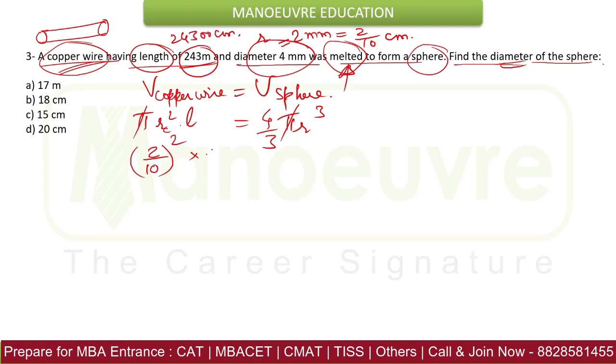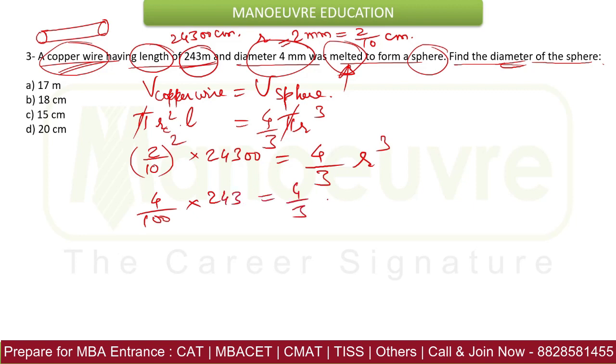So in terms of centimeter it will be 24300 is equal to 4 by 3 r cube. Okay, so this will be 4 by 100 into 243 is equal to 4 by 3 r cube.